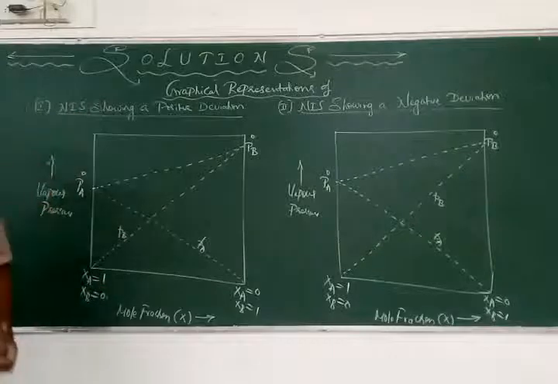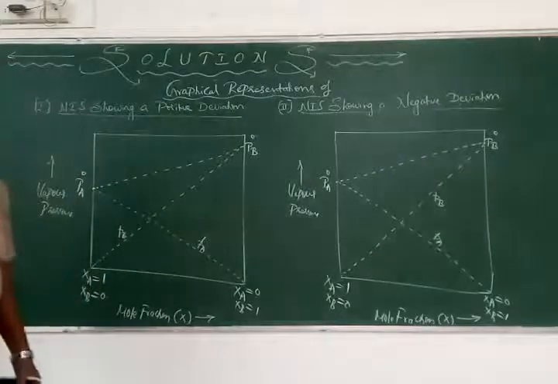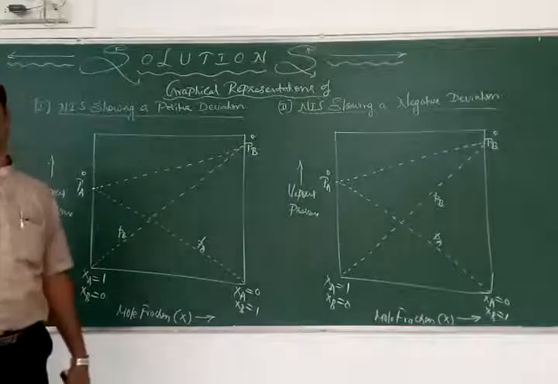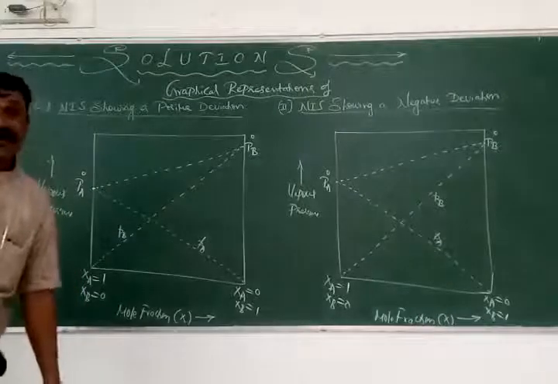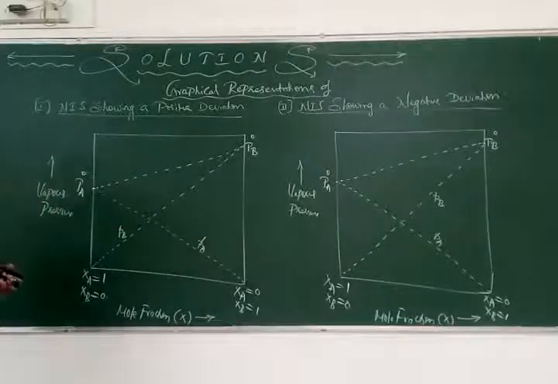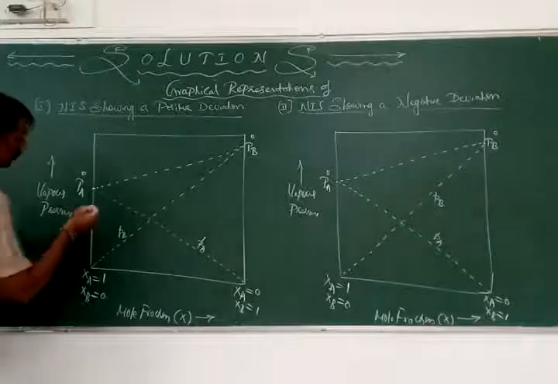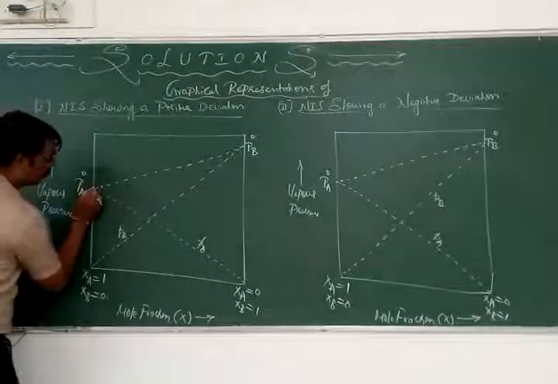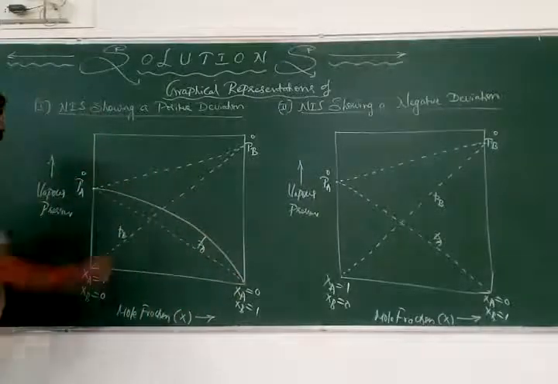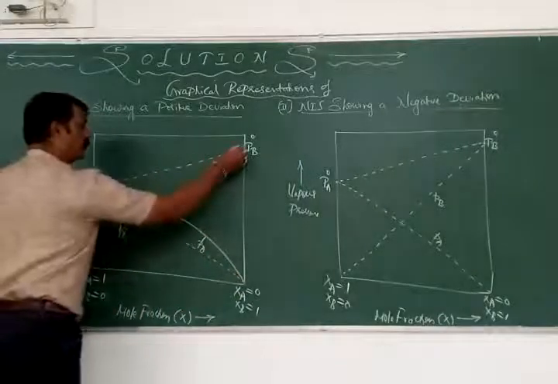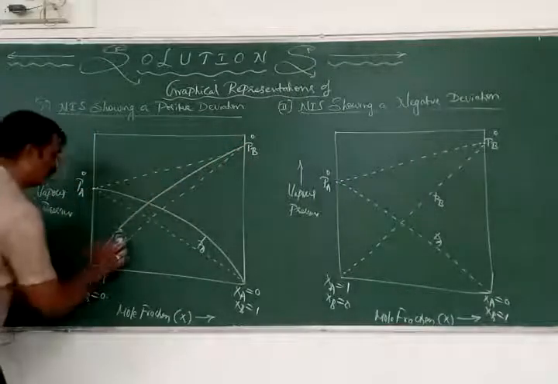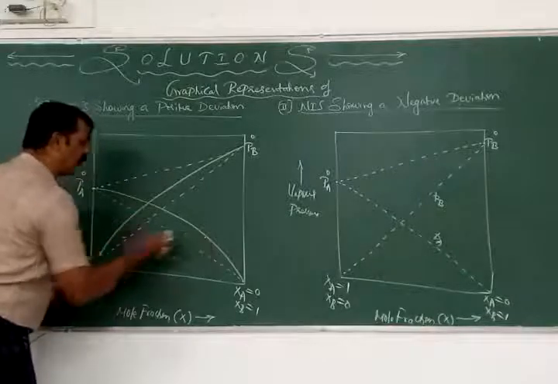But let us take now, if it is showing a positive deviation, the observed vapor pressure is going to be greater than that calculated from the Raoult's law. That is, PA must be greater than PA naught into XA and PB must be greater than PB naught into XB. On that basis, I will observe the same thing like this. So here, now instead of this it becomes PA and then PB now.